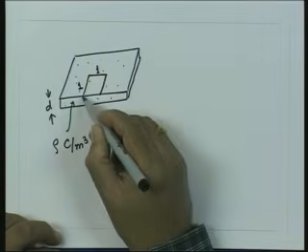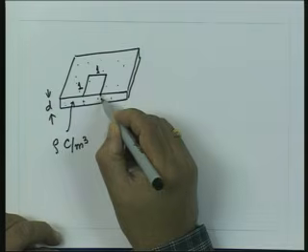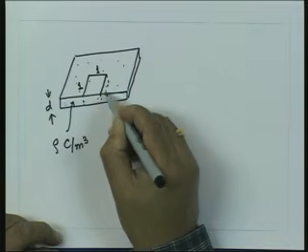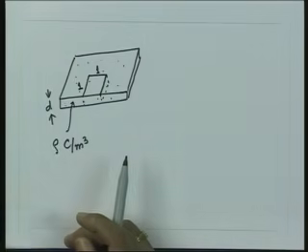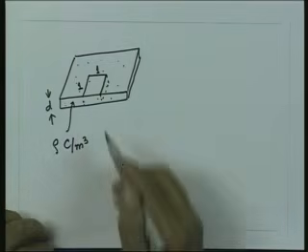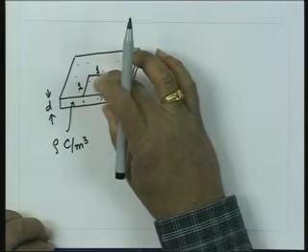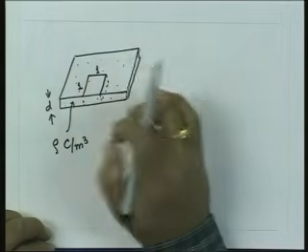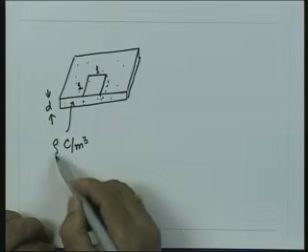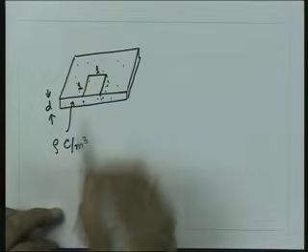So, if I consider a volume of unit area on the surface of the sheet, the total charge which will be in this volume, which is having a height of d and area 1, will be the charge density multiplied by the volume.